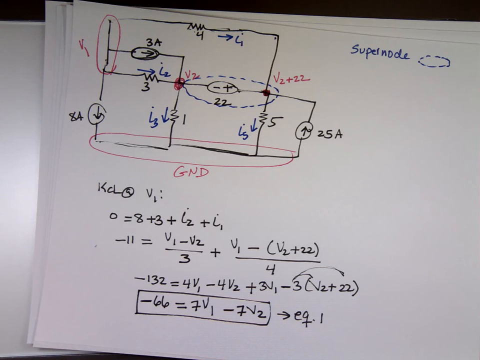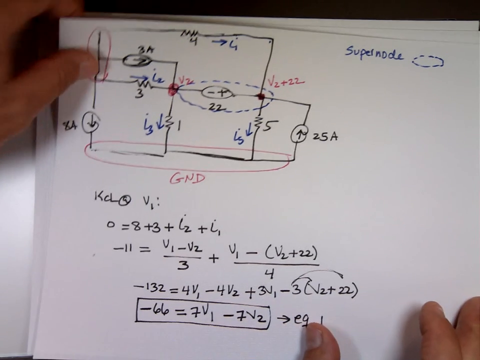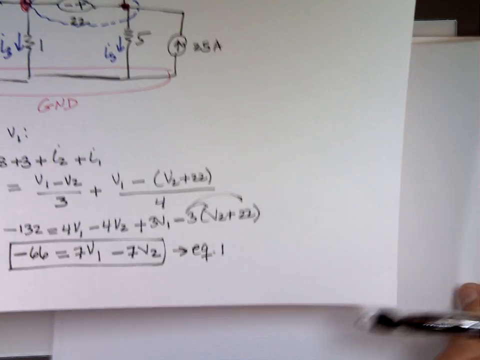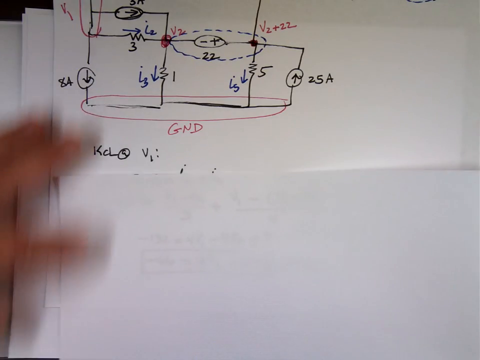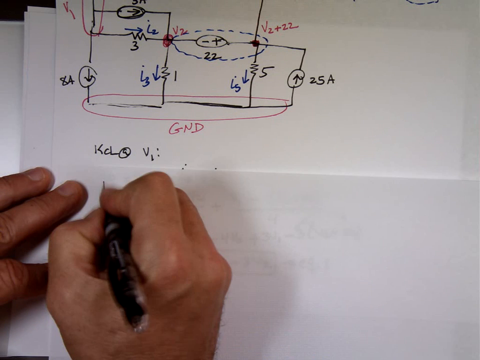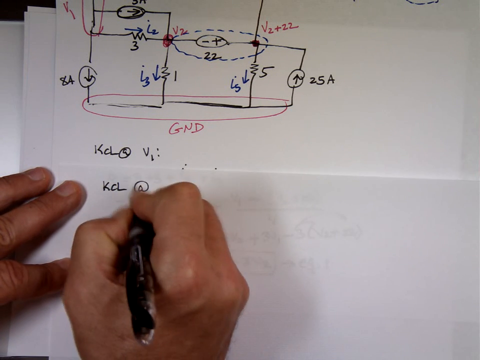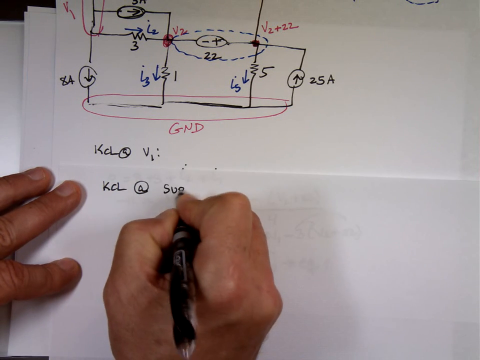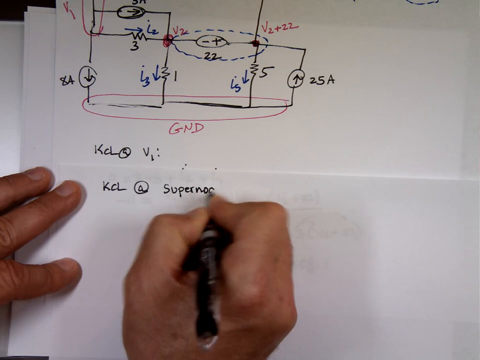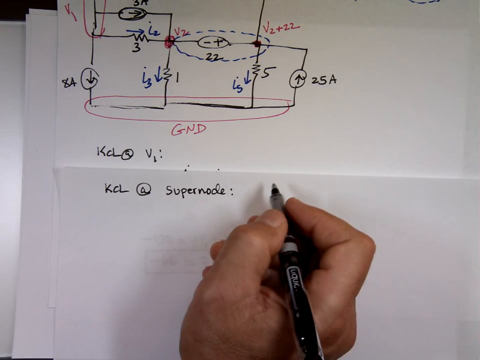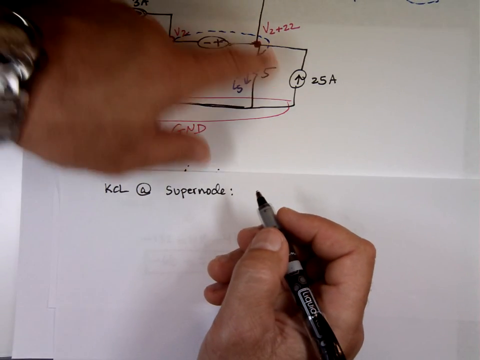So now I'm going to do KVL at the supernode. I mean KCL, not KVL. KCL of the supernode. What is going to that node? This whole node. What's going to it?